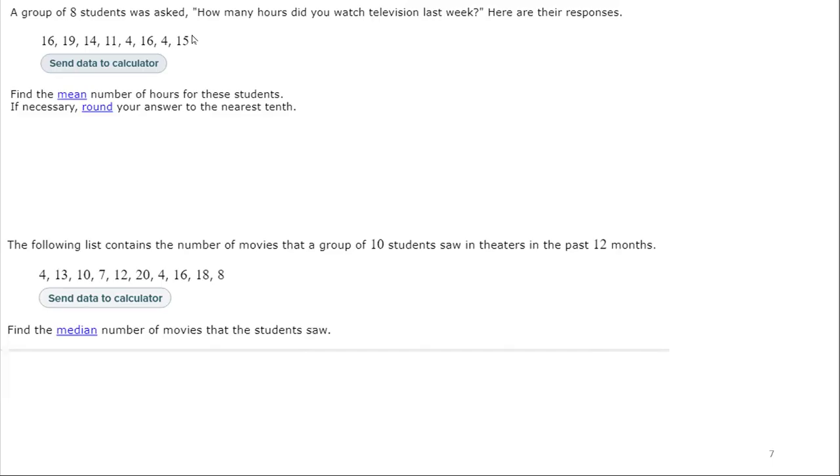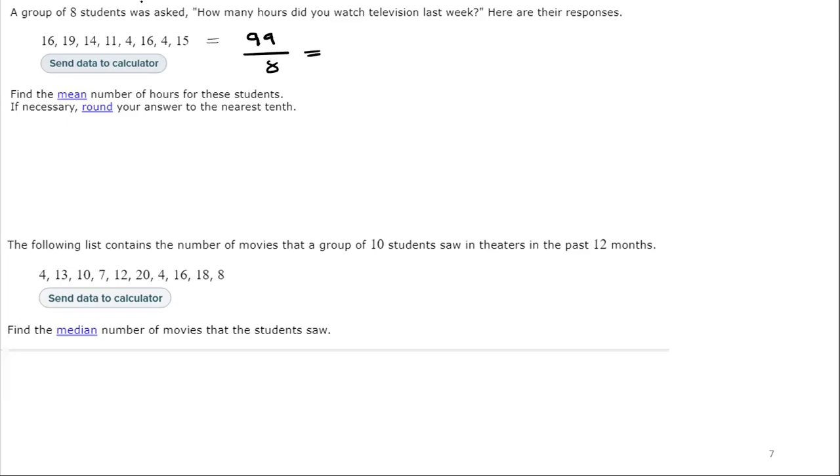So in this case, when we add up all these numbers here, we get 99. And then we count how many items we have. Well, it tells us 8, just in case though, 1, 2, 3, 4, 5, 6, 7, 8. So we have 8 items total or 8 students.